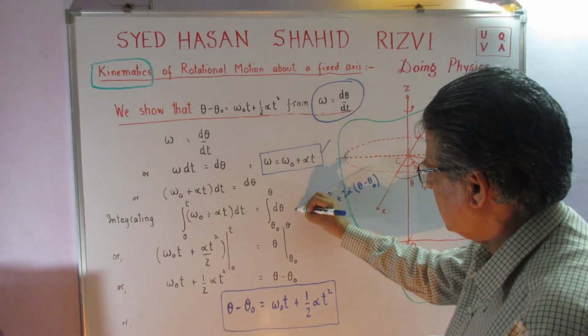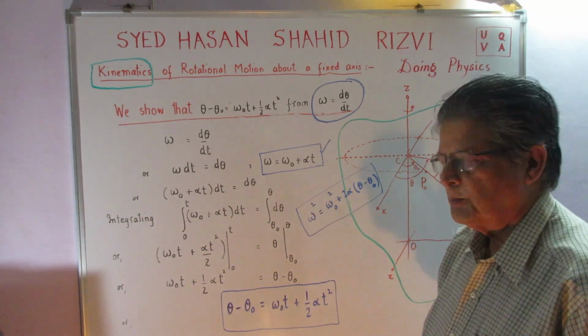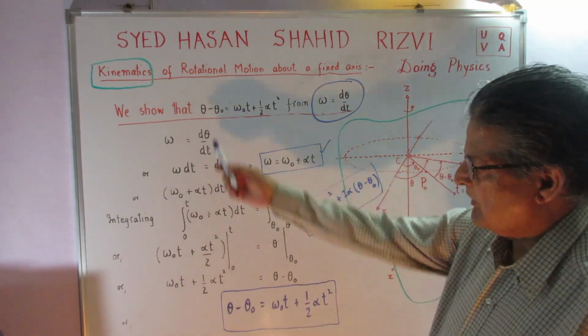So all these three relations with the help of each other can be proved, and the same will happen in a nutshell.